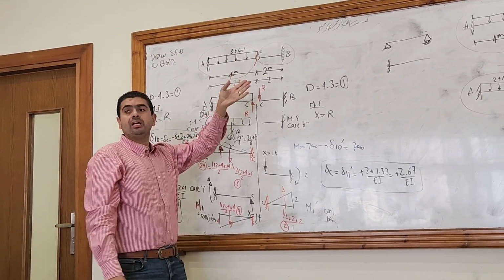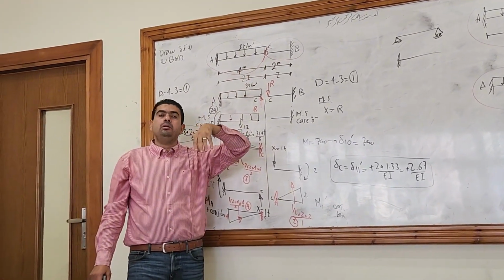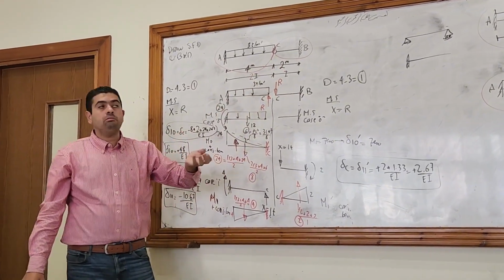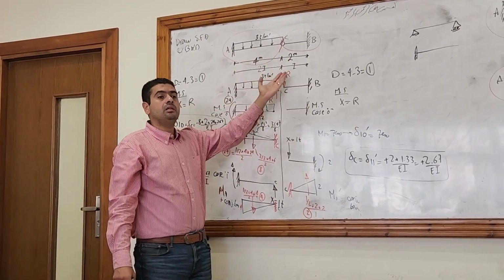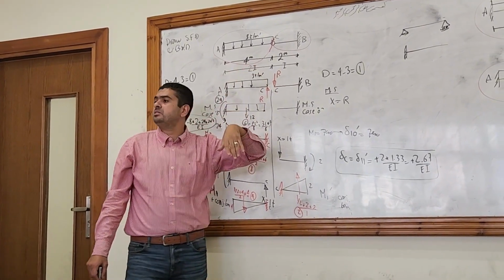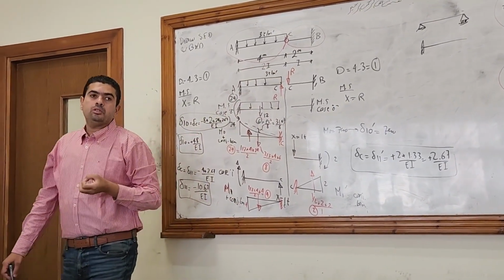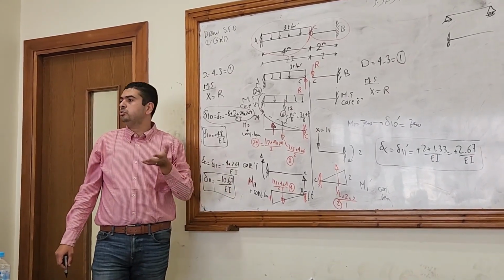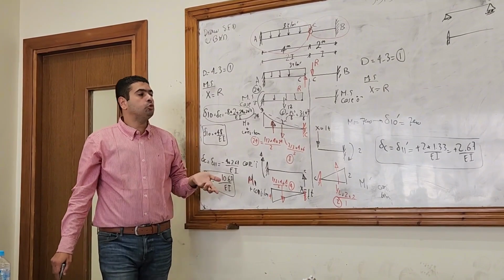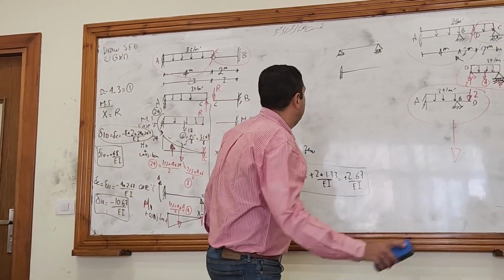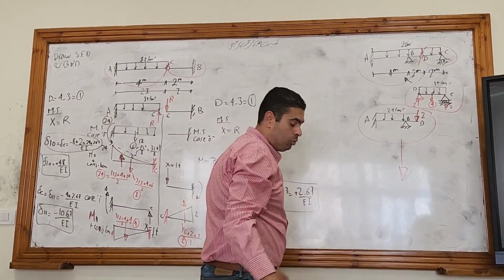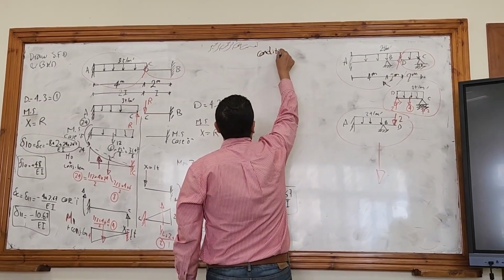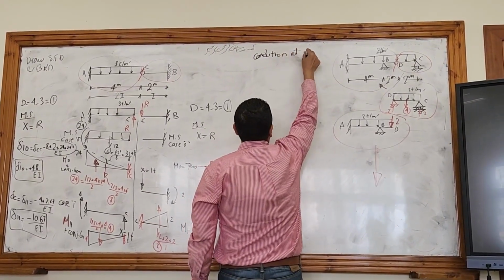Is there anything making the vertical displacement equal to 0? There is nothing here at C that is making the vertical displacement at C equal to 0. So the vertical displacement at C does not equal 0. So what will be the condition at C?